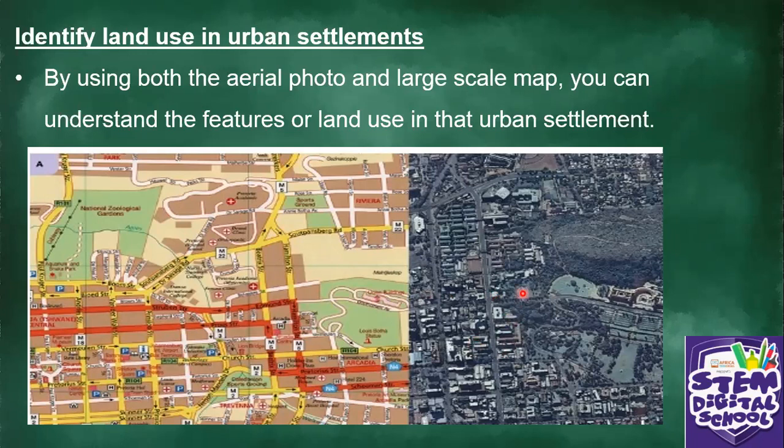There is other information that we can get from this that we don't get from this map. And there's information that we can get from this map that we can't get from the aerial photographs. So by using both, we can understand more.